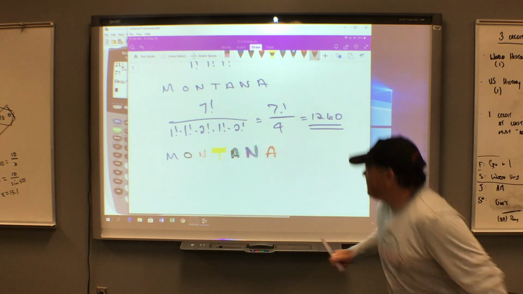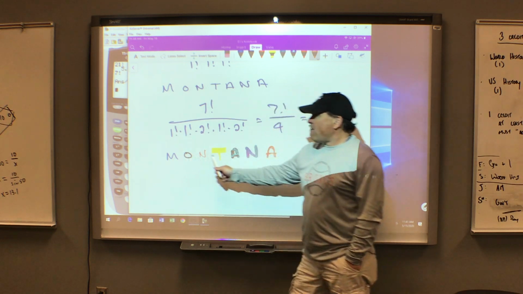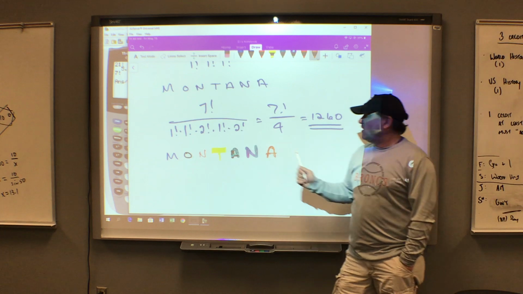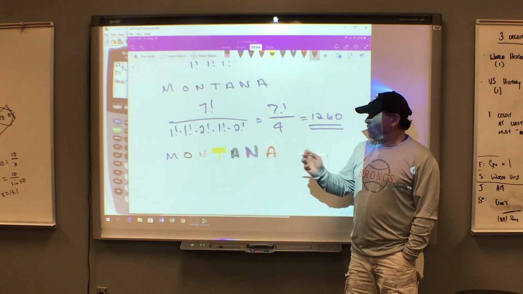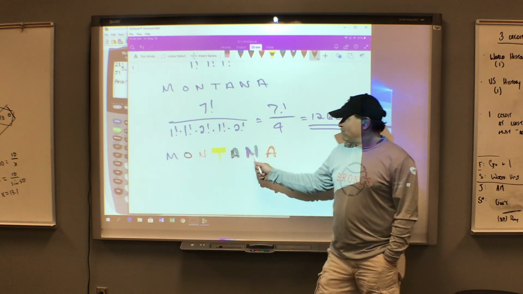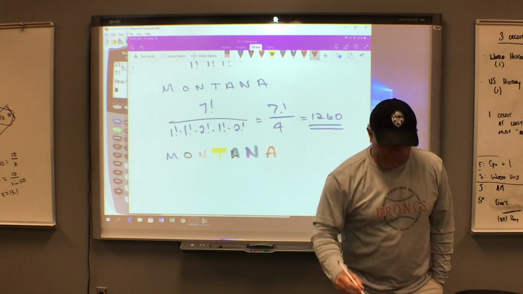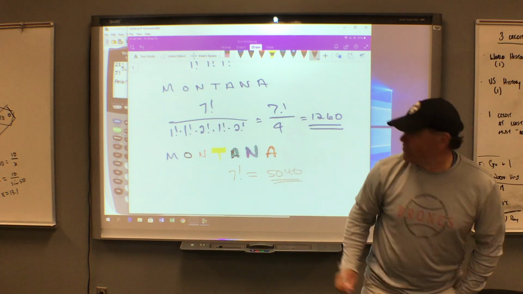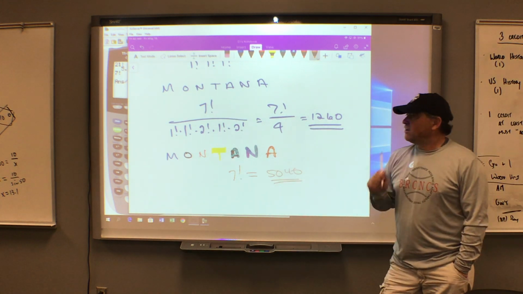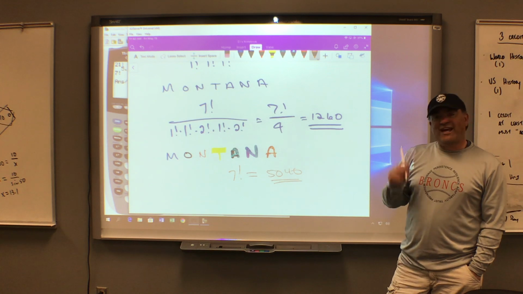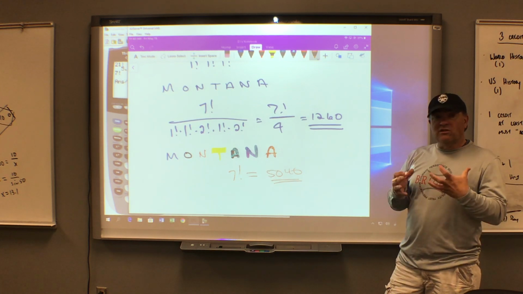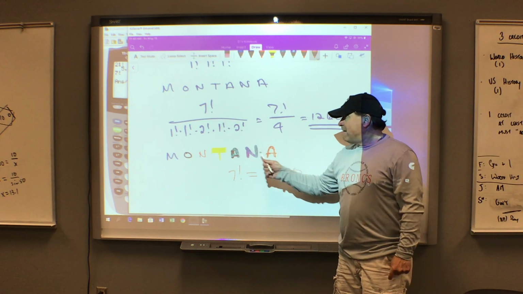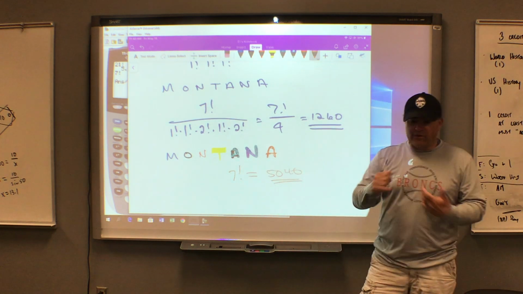Okay, so now these are distinguishable because all the letters are different colors, and so this A and this A are not the same. This N and this N are not the same. This would turn into 7 factorial, or there's now 5,040 different ways I can arrange that, because I can't divide out anything because the letters are different. You can tell the difference whether I put the copper A first or the blue A first.